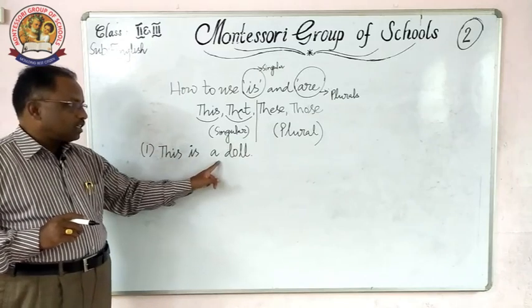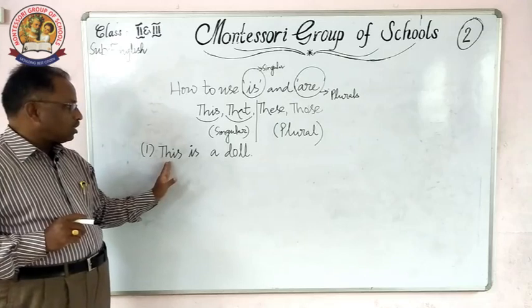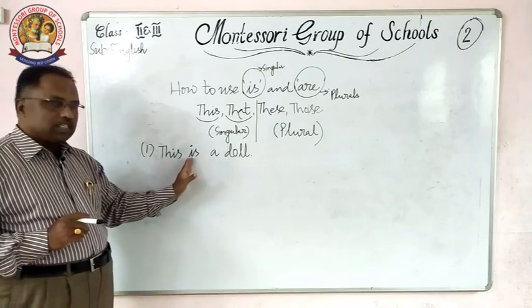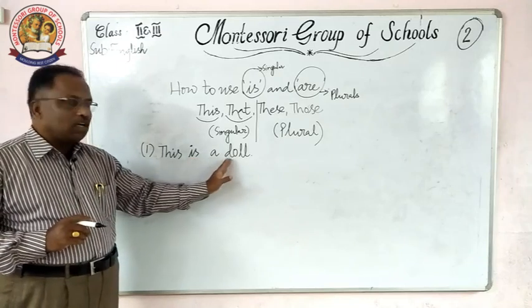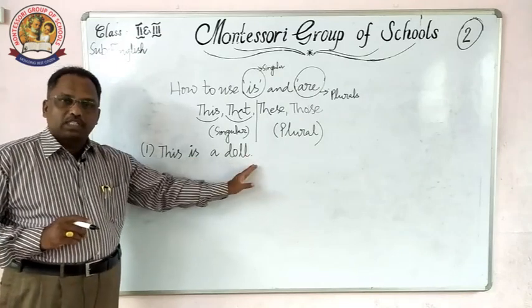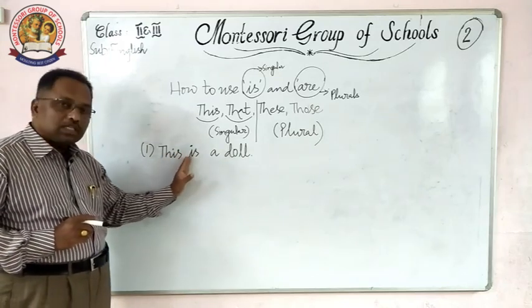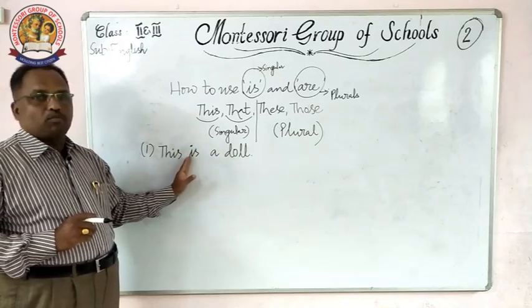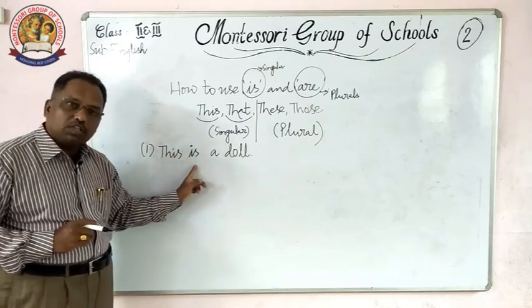In this sentence we have the subject, that is the pronoun. Next is the verb. Next, a doll, the other words. Now this and is, these two must have the same forms, singular forms. This is singular, is also singular.